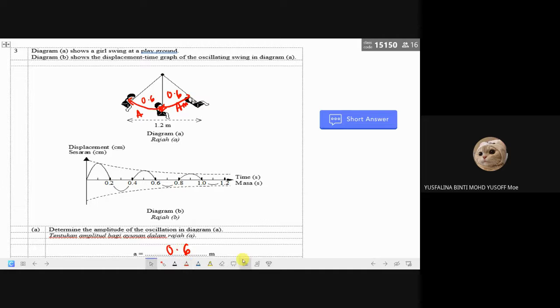Remember we just learned yesterday, the amplitude is from the equilibrium position to the maximum displacement. So the maximum displacement is until here. So this is called the amplitude. Alright, so are you clear? Yes, teacher. Alright, okay. So move on to the next one.